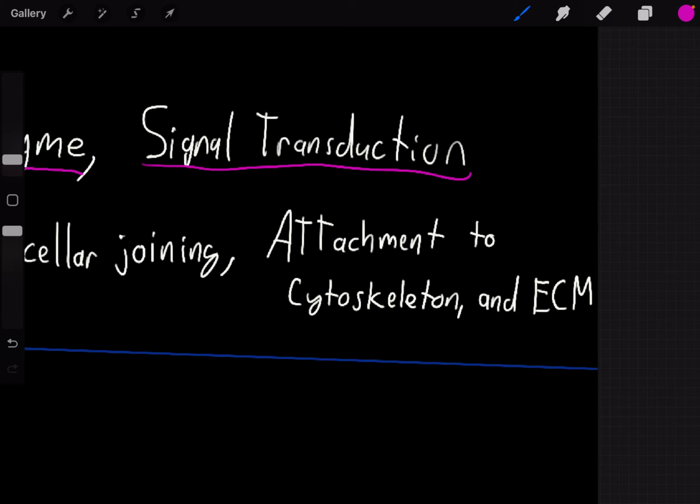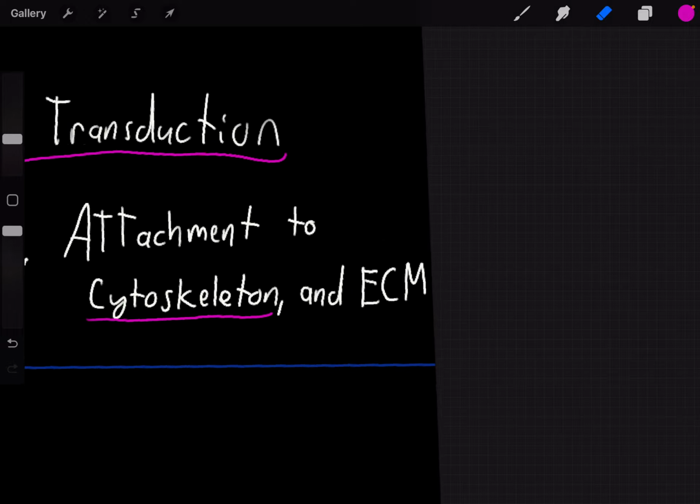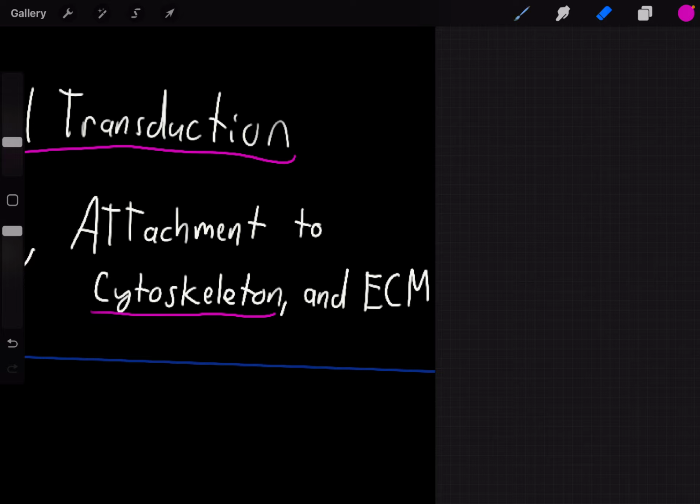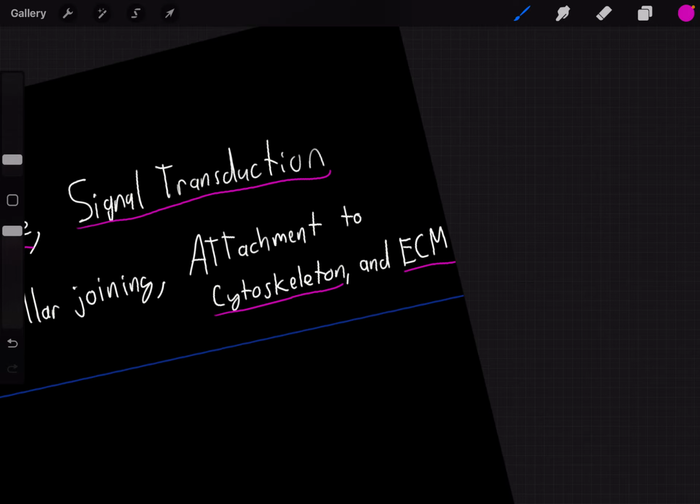The cytoskeleton means the proteins are attached to filaments, microfilaments, microtubules, and intermediate filaments inside the cell. And then the ECM, or the extracellular matrix, which we'll talk about later, the proteins connect to it outside the cell.